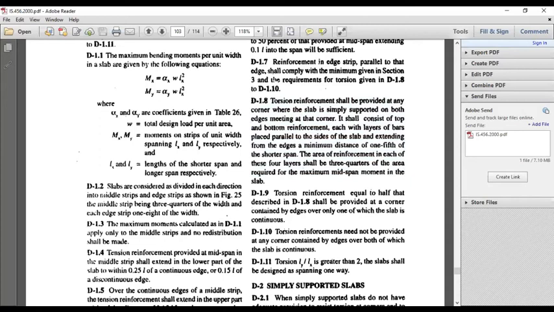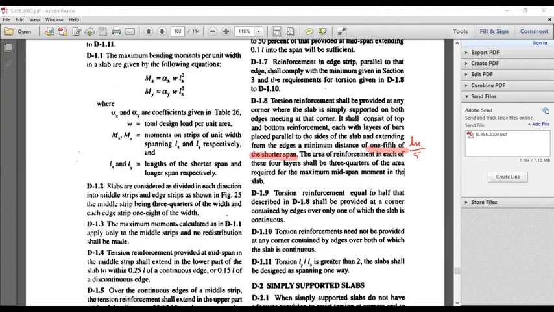So this is the important thing. Here you can underline this word. What is the length of the reinforcement? It is 1/5 of the shorter span. Okay, 1/5 of the shorter span means what? This is Lx by 5.